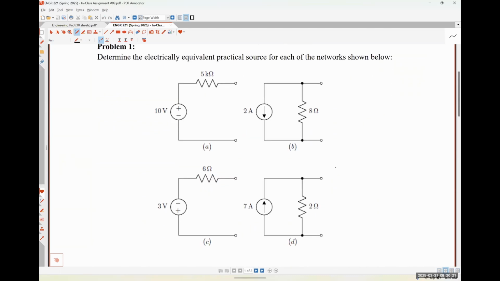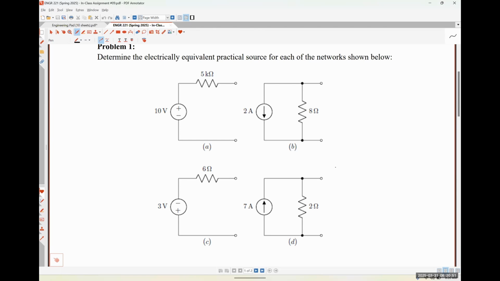How this is going to work is simply whenever we see the positive polarity terminal of a voltage source on top, when we convert it into a current source, it's going to have the arrow direction up. If we were to see the positive polarity terminal on bottom, our current source's arrow would be pointed down. If we saw our positive polarity terminal on the right, the arrow would be pointing to the right. If we saw the positive polarity terminal on the left, the arrow would be pointing to the left.